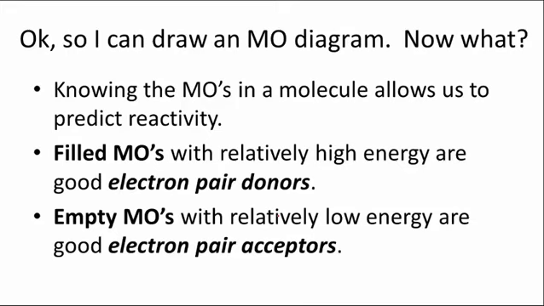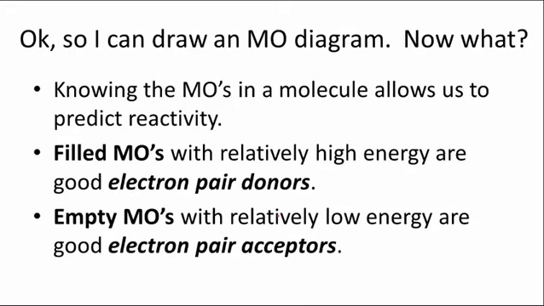When you have interactions between filled molecular orbitals and empty molecular orbitals, that's when you can form new bonds. All right. Anytime you have a filled molecular orbital on one molecule and an empty molecular orbital on another molecule that can interact, those allow formation of new bonds. And I'm going to explain these sentences, but I think these are two good places to start.